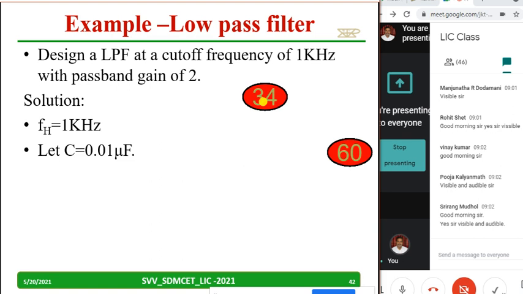Write down the solution. FH is given as 1 kHz, and instead of taking let R equal to, we have to take let C equal to 0.01 microfarad.